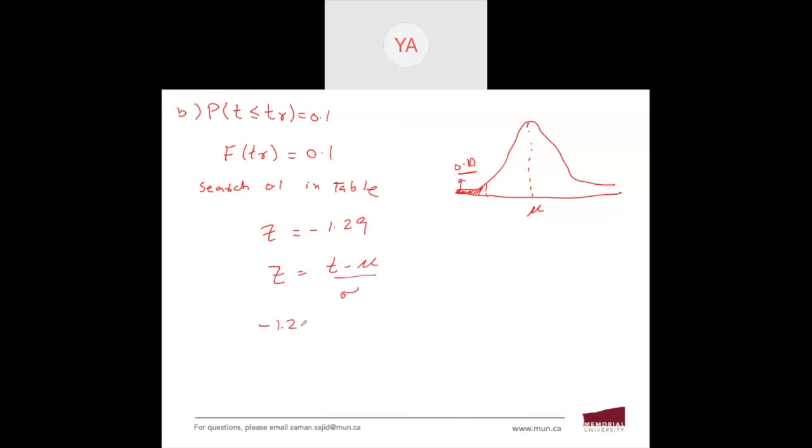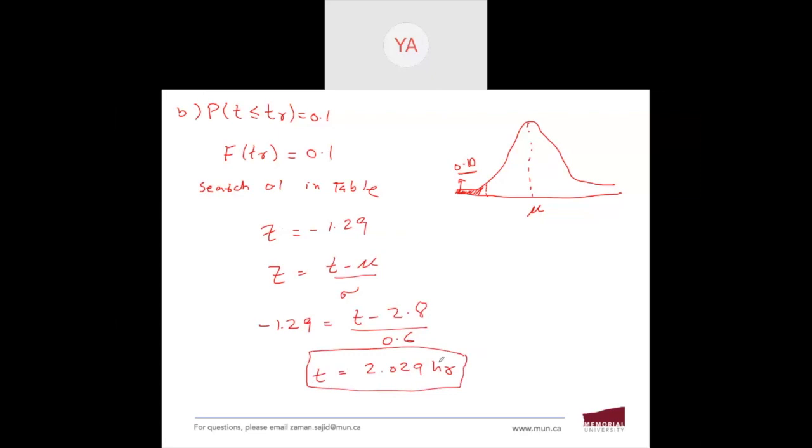Minus 1.29, I'm interested to find out my t here. The mean value is 2.8. That is your t value.